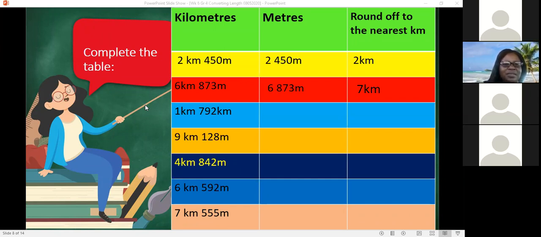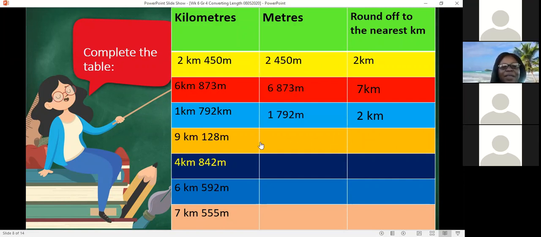I'm going to mute you because of the noise. Let me just give you the answer for that one. It's 1,792 meters, and when we round it off, the answer is 2 kilometers.